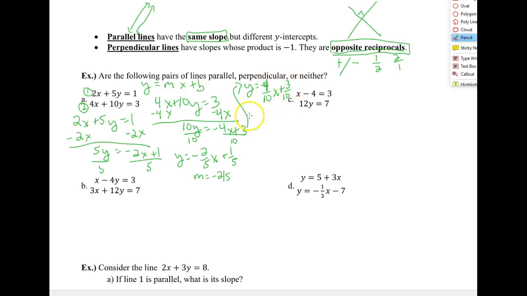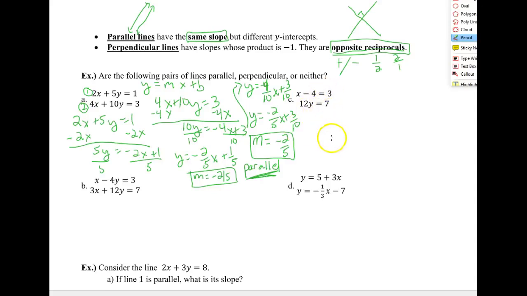I'm going to simplify this, right? 4/10 has a common factor of 2. If I divide out 2, I'd get 2/5 x plus 3/10. The slope of this line is -2/5 as well. So when we see the two slopes are the exact same, so same sign, same numbers, the lines are parallel. They have the same slope, different y-intercepts.